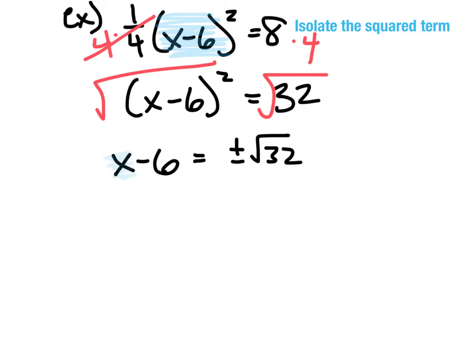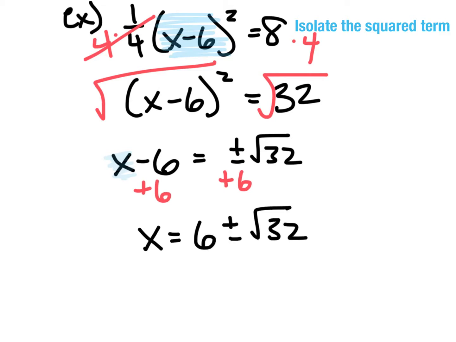To do that, I'm going to add 6 to both sides. And we'll say x equals 6 plus or minus the square root of 32. And I only write the 6 in front of the square root because you typically put your whole numbers in front of your plus or minus square roots.